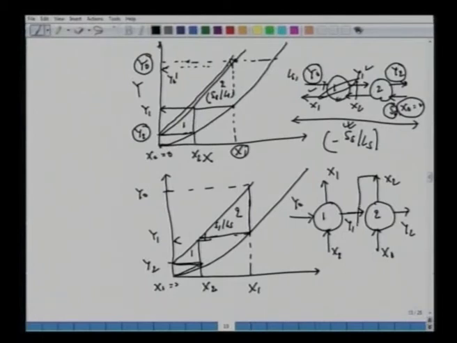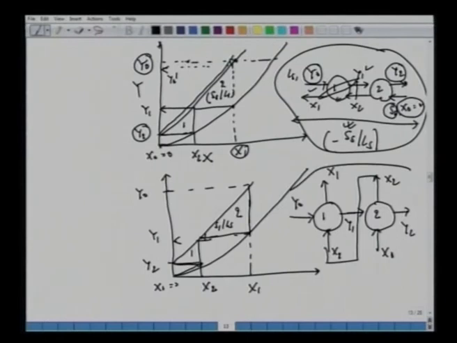So in other words, this two stage countercurrent process is equivalent to a two stage cross current process, where this stream x2 is brought back to the first stage as the incoming stream. In other words, from this graph one can also do the same analysis, assuming that it's a cross current process. So starting from, say, y2, y0, x2, so this is y0 and x2, this coordinate here.